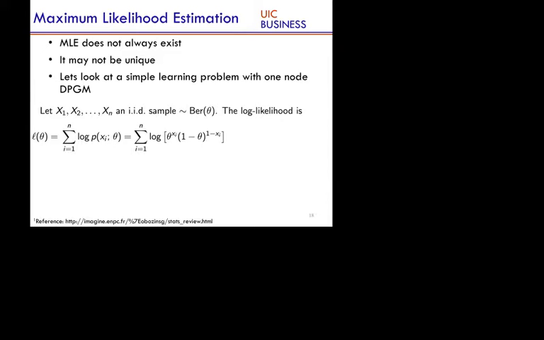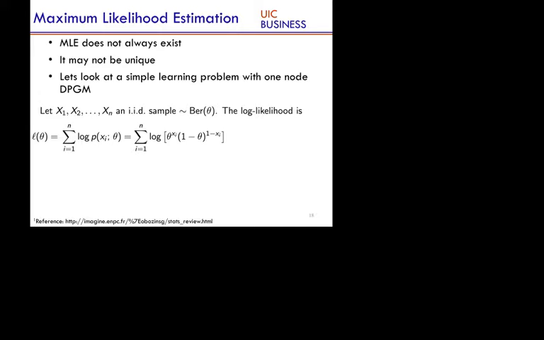Then the log likelihood, L of theta, is going to be the sum of the log of the probabilities of xi given theta over the n data samples, or the n examples that we have seen.